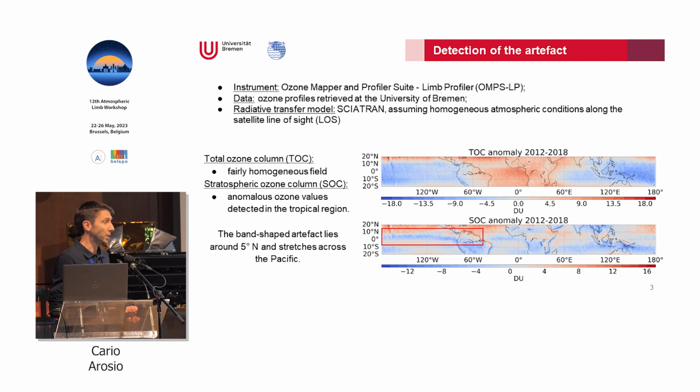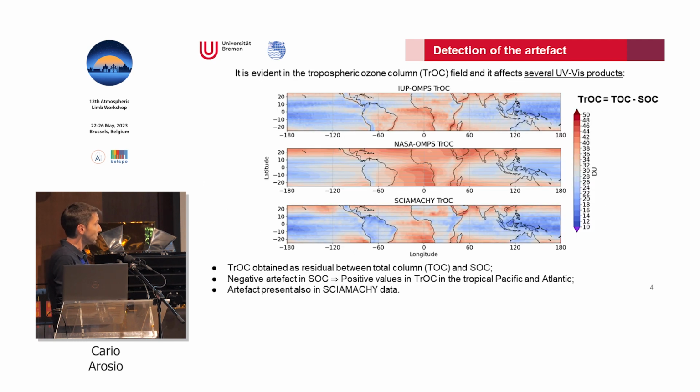We were interested in investigating more the origin of this, which is particularly relevant for the tropospheric ozone column. I'm showing here several tropospheric ozone column products, which are derived using the limb-nadir matching technique, so subtracting the stratospheric ozone column from the total ozone column.